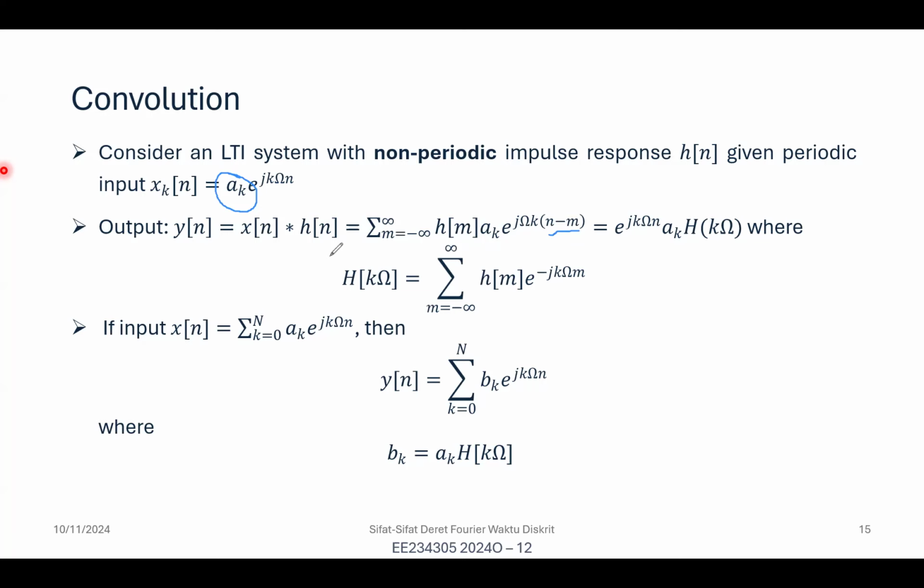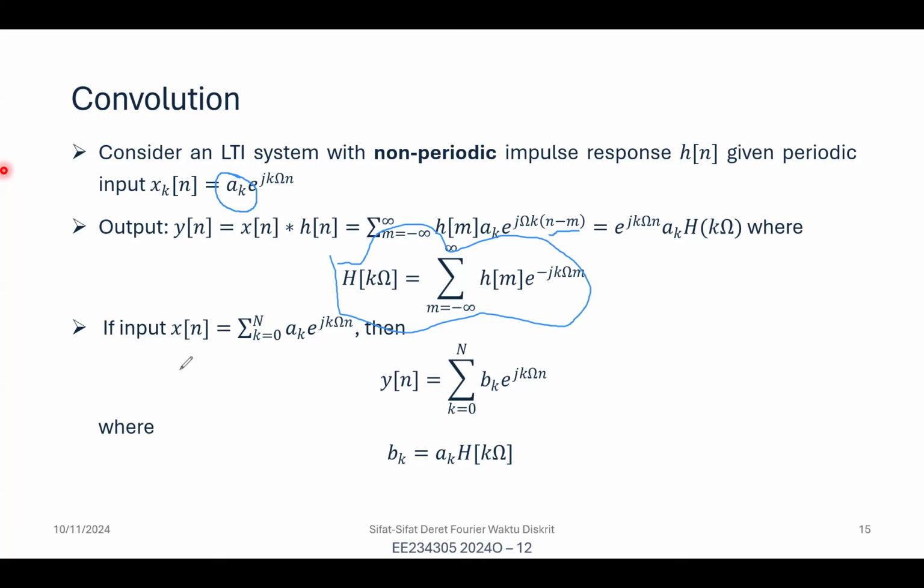This is formed from the impulse response, which is non-periodic, but we form the transfer function out of it. So the sum of hm times e to the minus jk omega m equals H(k omega).